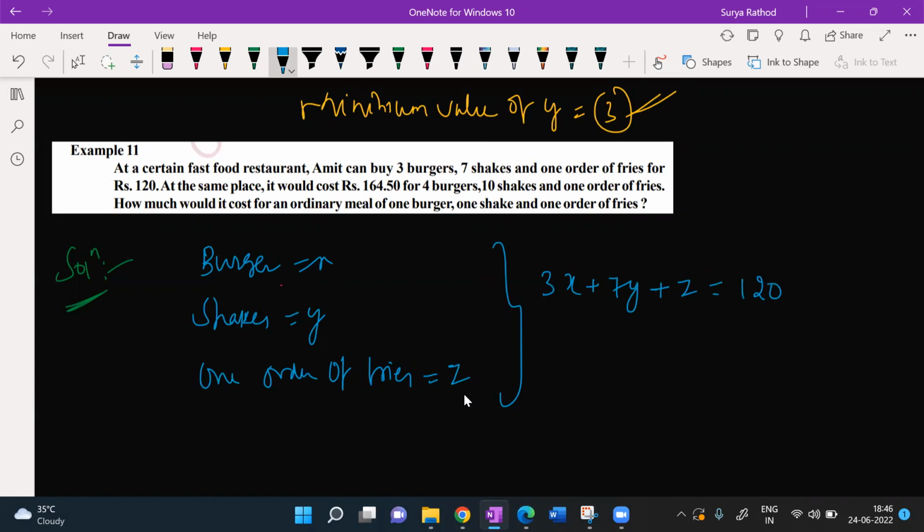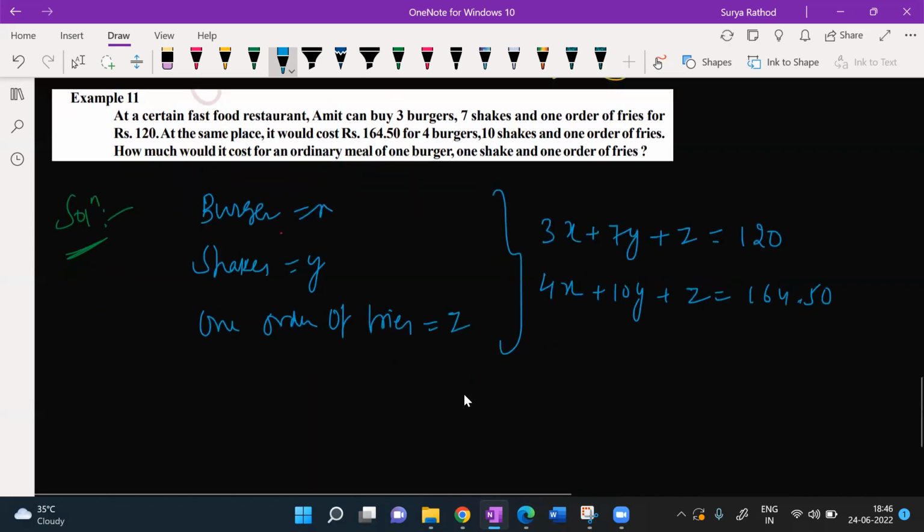120. Correct? Similarly, it would be costing 164.50 if I buy 4 burgers, 10 shakes, and one order of fries, 164.50. All right, isn't it?